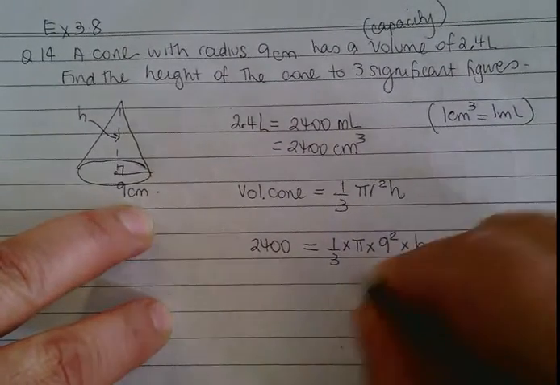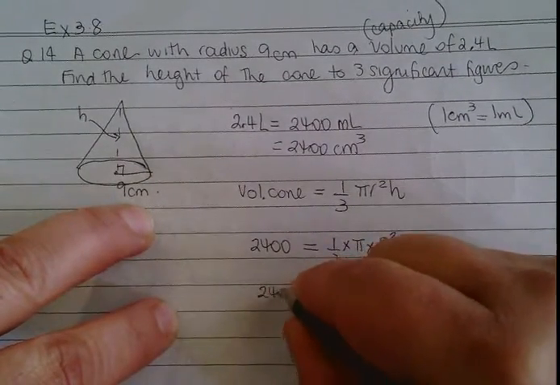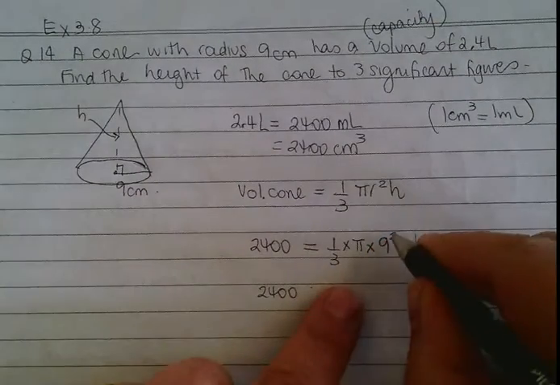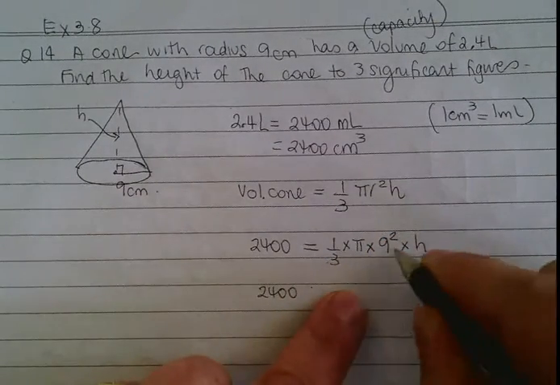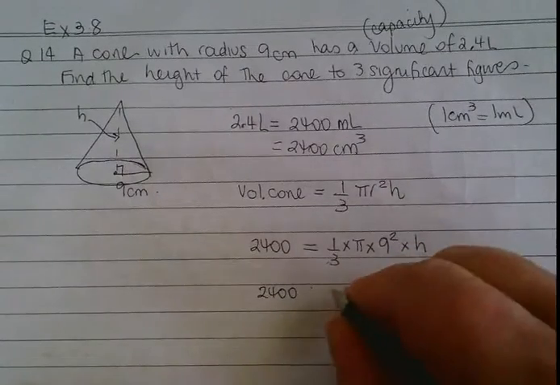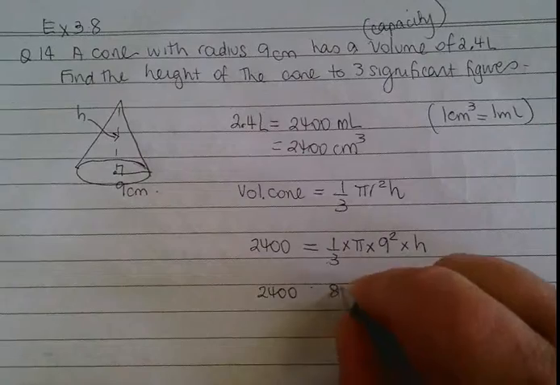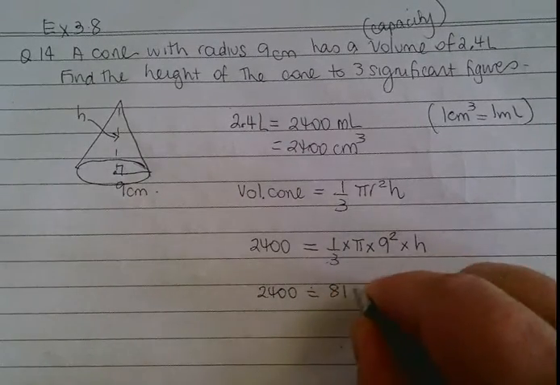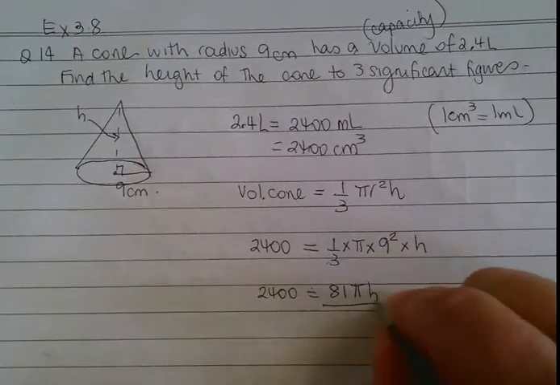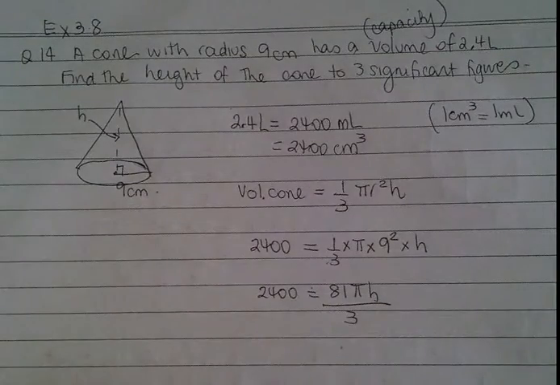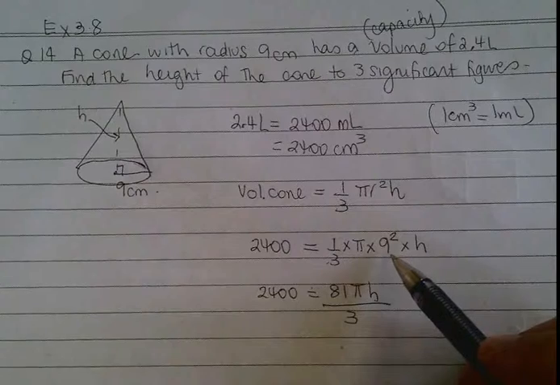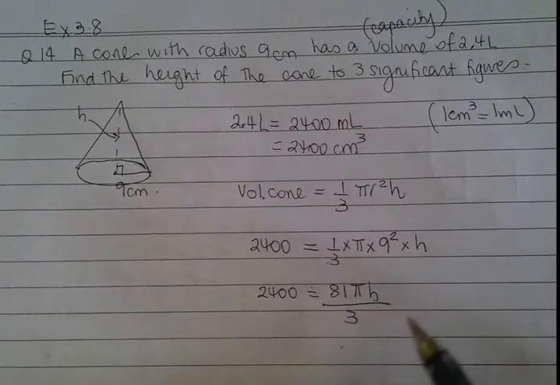9 squared times h. You can do 81 on 3, top row, bottom row. So what's on the numerator? 81 pi h, and 3 is on the denominator. Or you go a third times 81. What's a third of 81? It is divisible by 3.